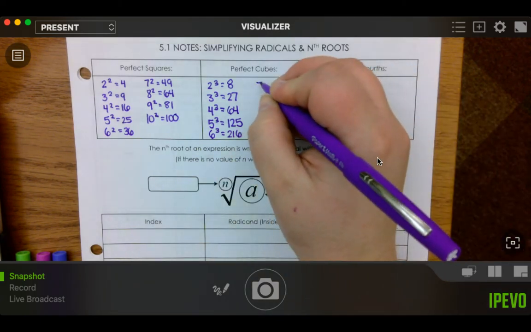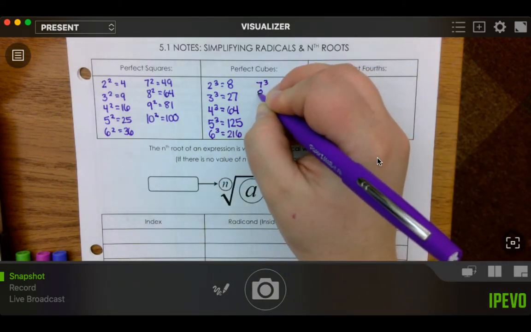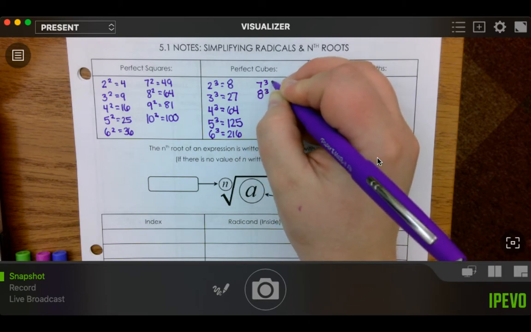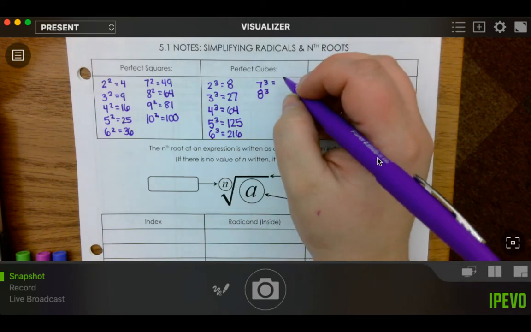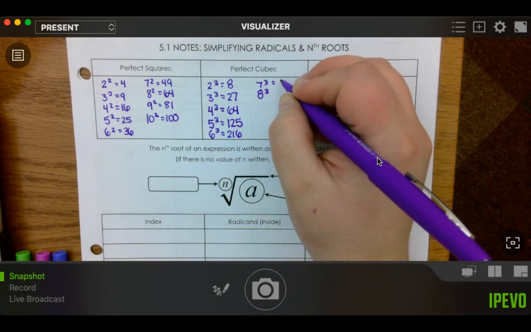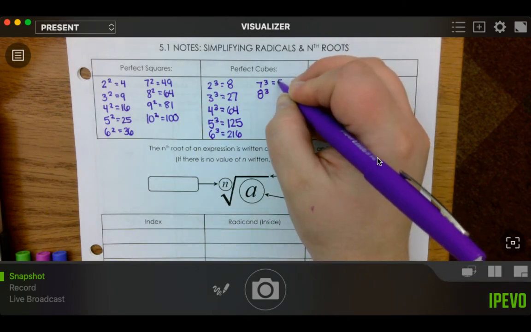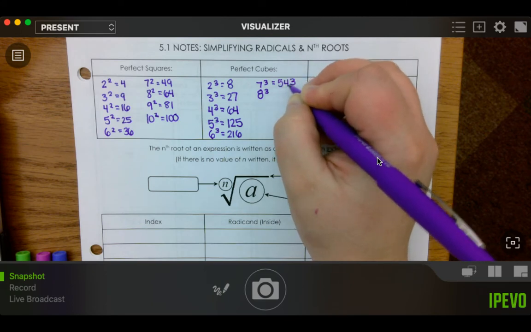And then I'm actually going to go all the way up to 8 and stop there. So 7 cubed is 49 times 7 again. This is 543. Sorry, blanked for a second.